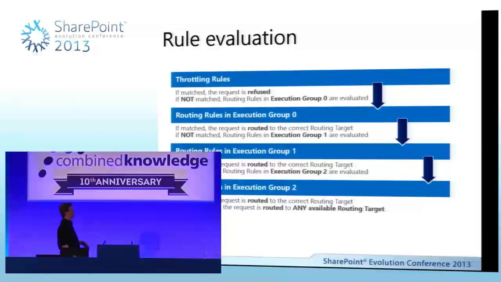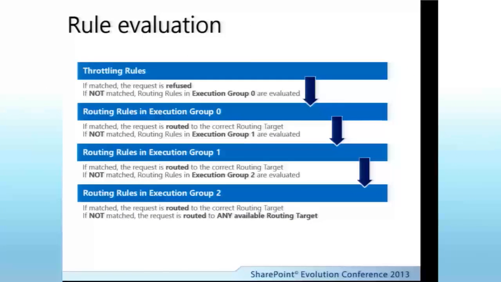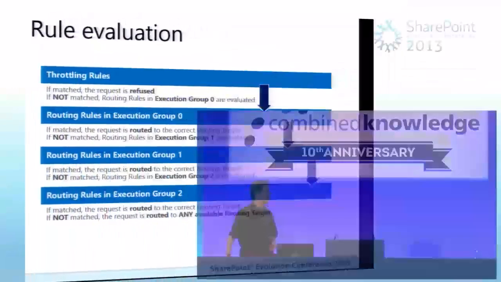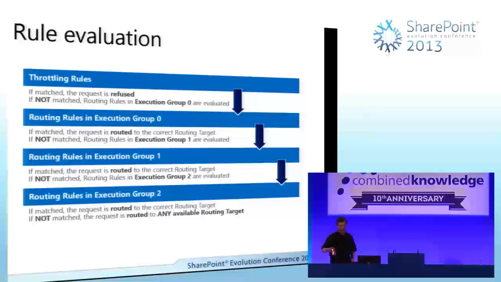Now, the important point here is at the very bottom, really. If we don't match any rules all the way through all these 4 buckets, then the request will be sent to any available machine. So we don't need any special configuration for requests that don't match any rules. We kind of fall through to the bottom and then continue on as you would expect. And that's a big change from the pre-release of the software that's worth pointing out.